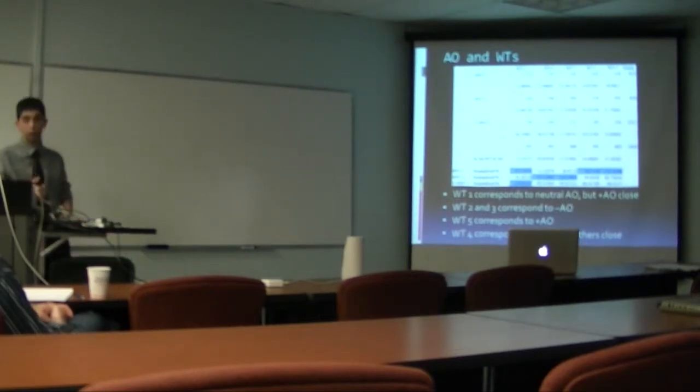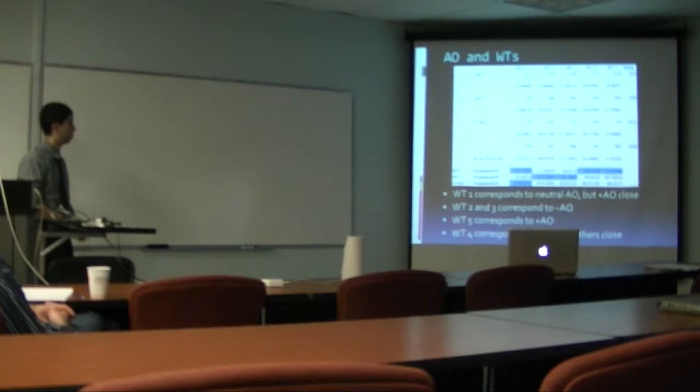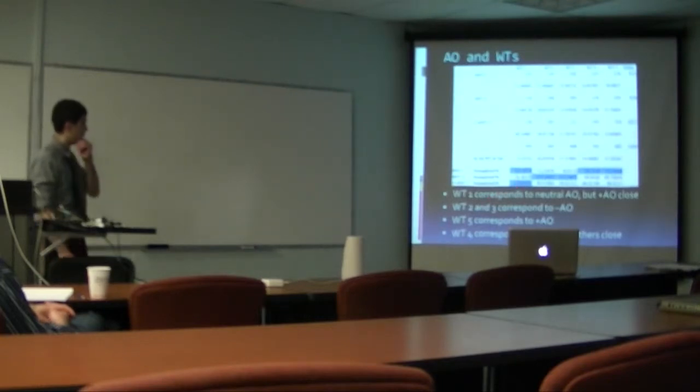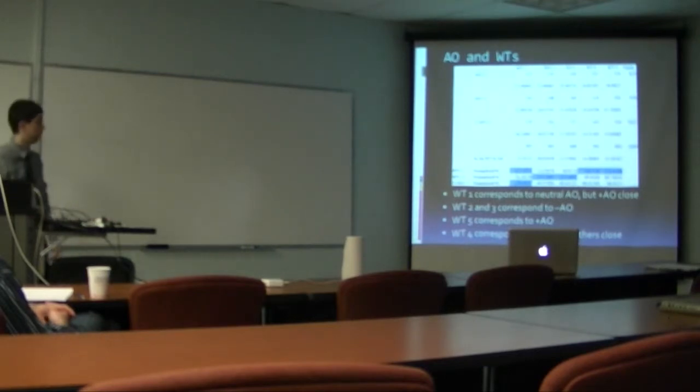And the opposite for the positive AO. So positive AO was corresponding to 1, 4, and 5 most often, negative AO for 2 and 3, and actually, I'm sorry, WT1 corresponded to neutral AO most often, but you can't rule out AO positive with that being so close, it's still statistically significant.